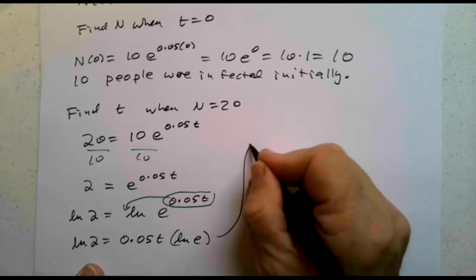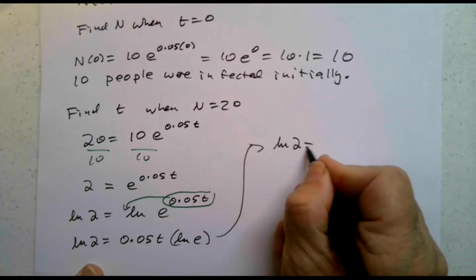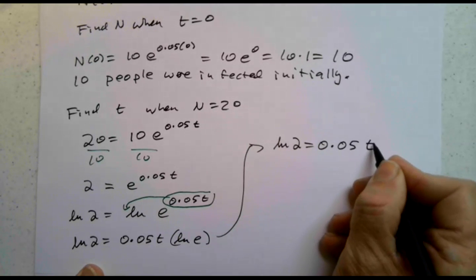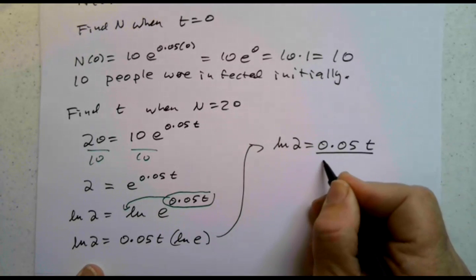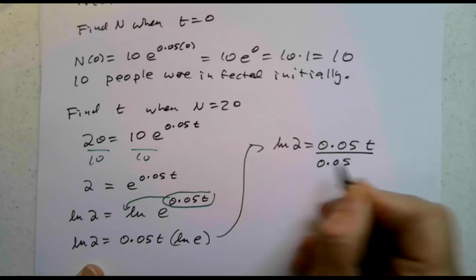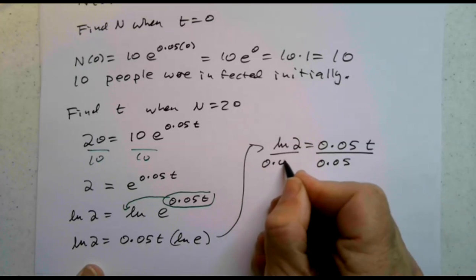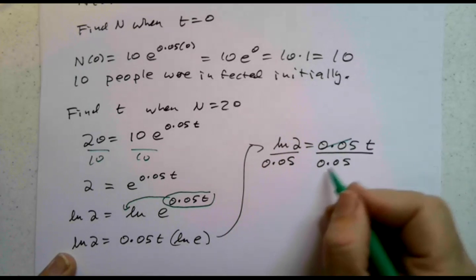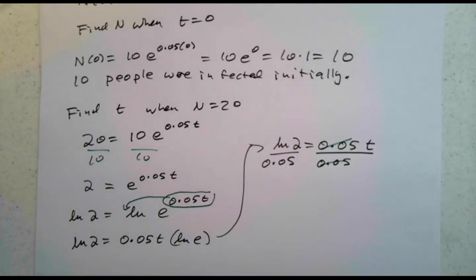So this then becomes natural log 2 equals 0.05 t times 1. And then I can finish this by dividing both sides by 0.05. Then we get t equals natural log 2 divided by 0.05.